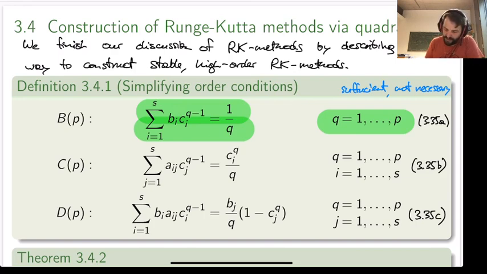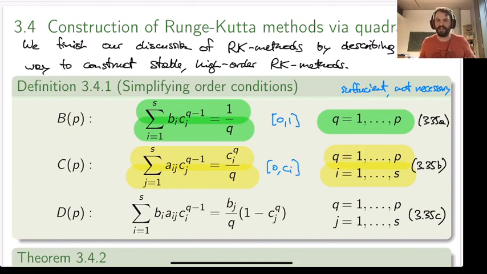The next one is nothing else but saying that for all stages i equals 1 to s, where we're integrating from 0 to ci, so these are integrals on the interval 0, ci, this condition says nothing else than that the quadrature rule with coefficients aij for the ith stage value has the right quadrature consistency.